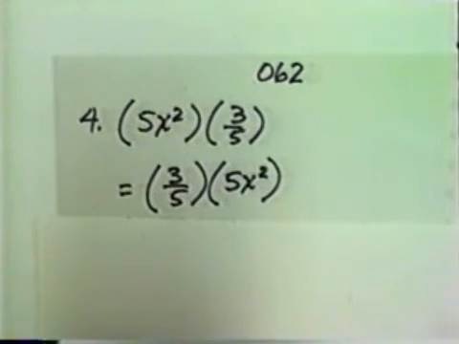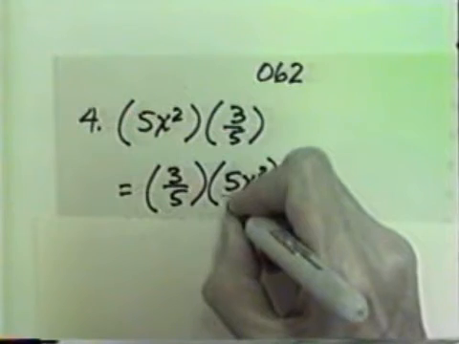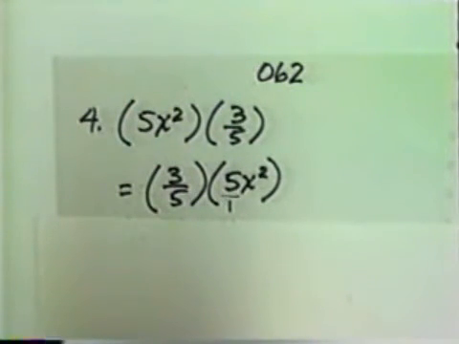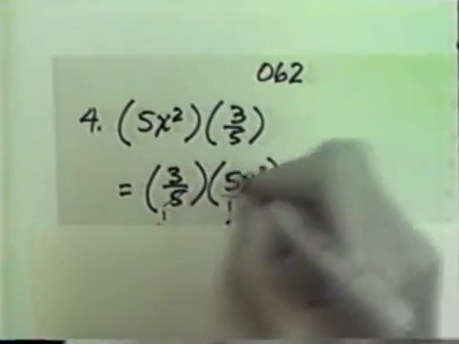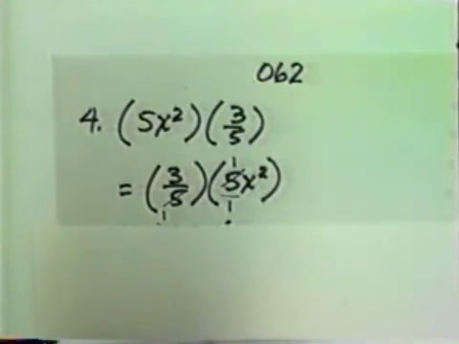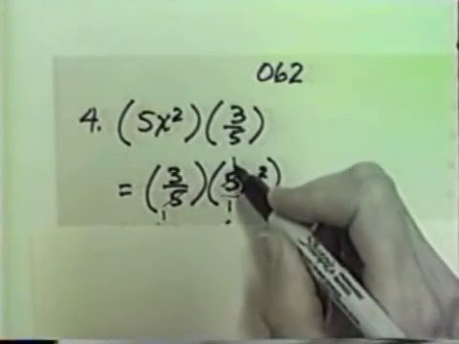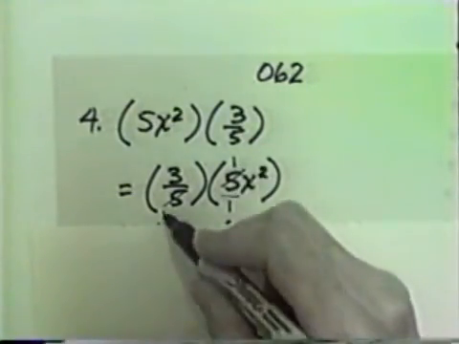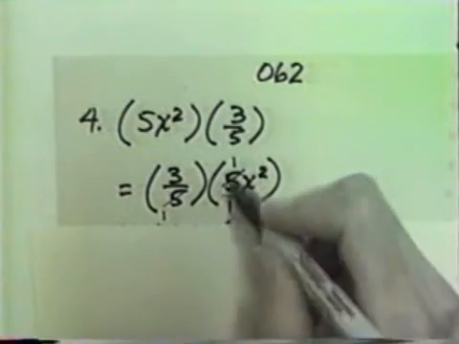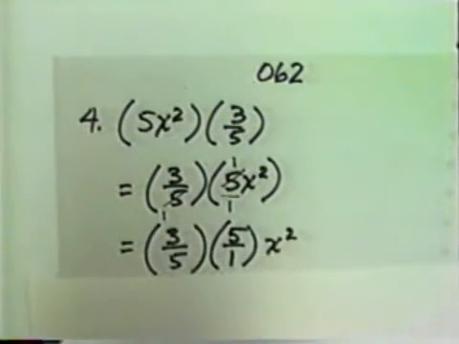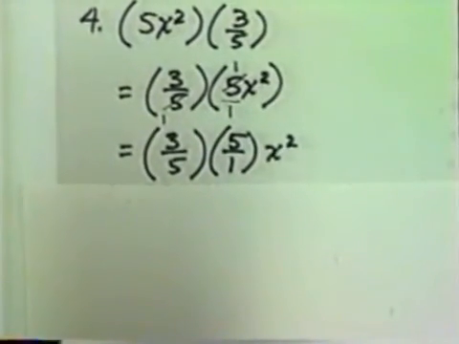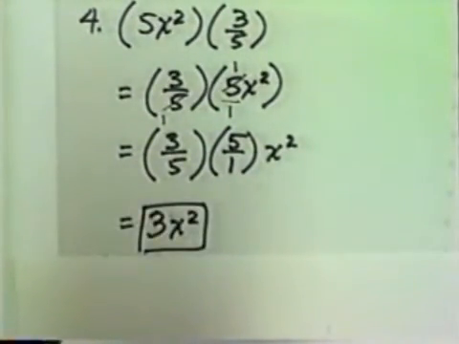The 5x squared has an understood denominator of 1, and so we can do our canceling and the multiplication of fractions. 5 goes into 5 one time, 5 goes into 5 one time, and we get 3 times 1, which is 3, over 1 times 1, which is 1, 3 over 1, or simply 3x squared.